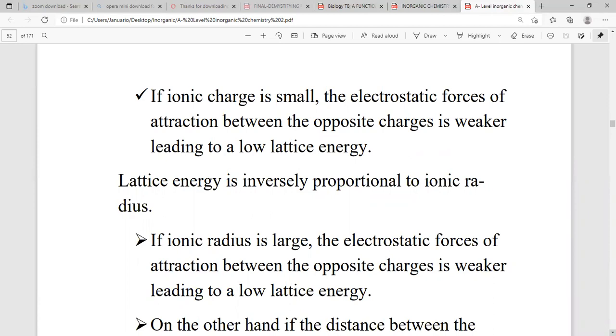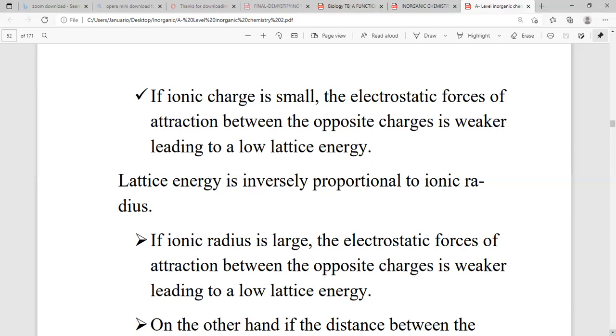And it is inversely proportional to ionic radius. That is, if the ionic radius is large, then you expect weak electrostatic forces of attraction between the opposite charges, which means a low lattice energy. This is because if the ionic radius is large, the bonding electrons are far from the nucleus, so the effective nuclear charge is very small.